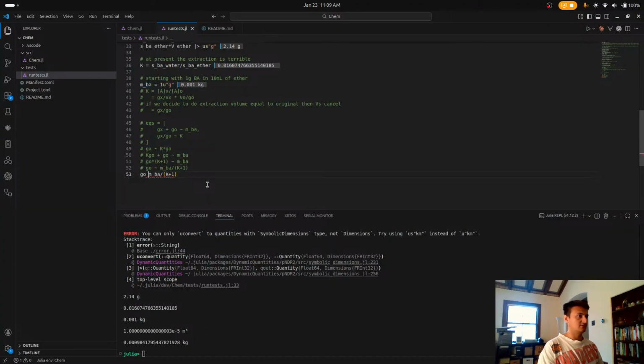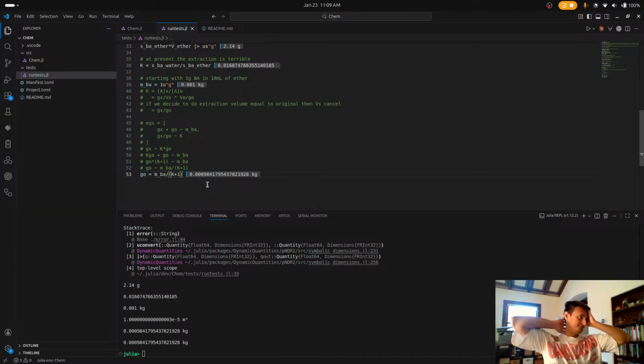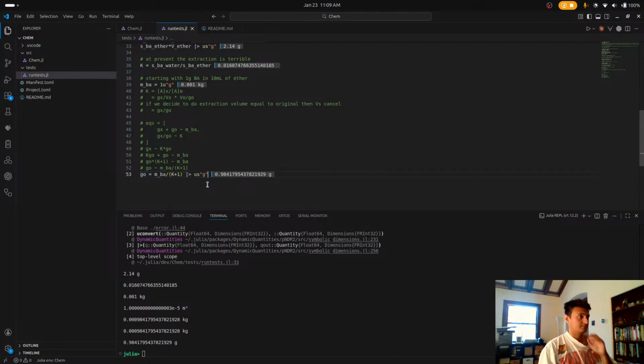Nice. So we have almost a milligram in the original. No. Oh no, this is kilograms. Hold on. Okay, so it's pretty much all in the original.